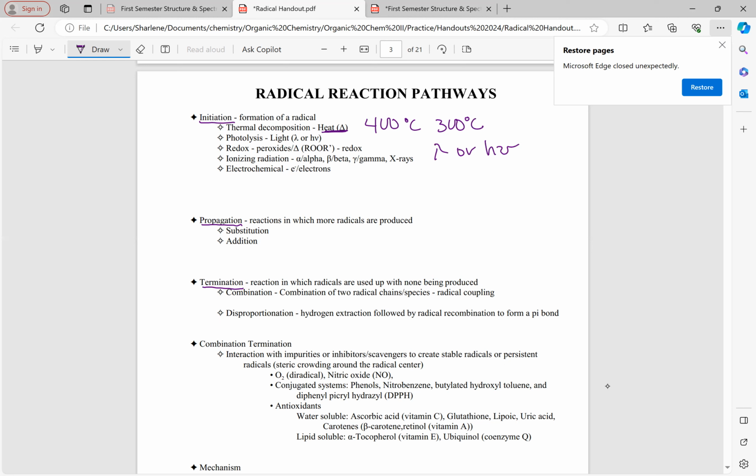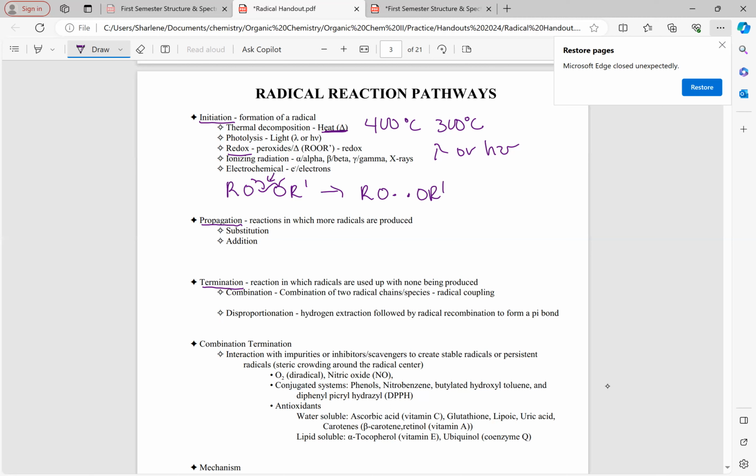Another way is a redox reaction. Peroxides are very special species. They have a fairly weak bond. If we go up to the top, we can look up their number. That bond will break, and now I have two pieces that will get the radical reaction going.